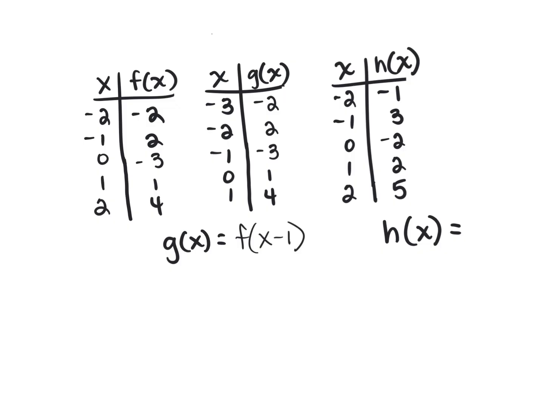Now, for h of x, the x values are staying the same, and your y values are changing. So to go from -2 to -1, also to go from 2 to 3, you are increasing your y values by 1. So we write this as f of x, and then I add 1 to every y value.